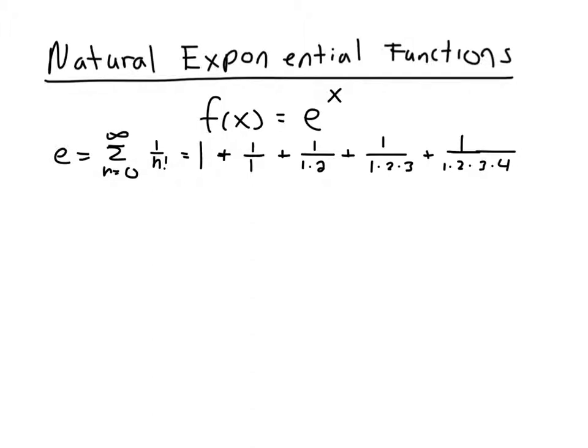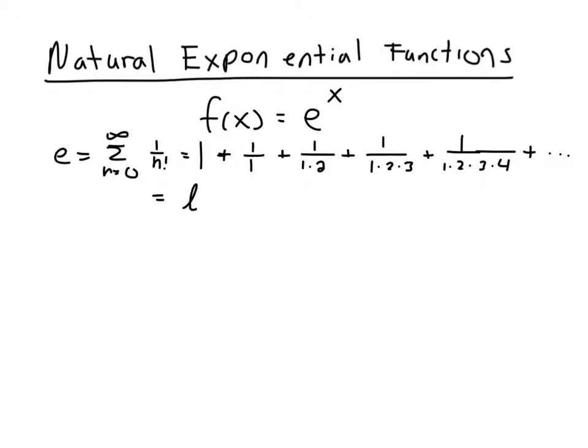You see the pattern, and we just continue with it forever. Also, you can plug this into your calculator and keep summing it up, and eventually you'll get the number 2.718, etc.